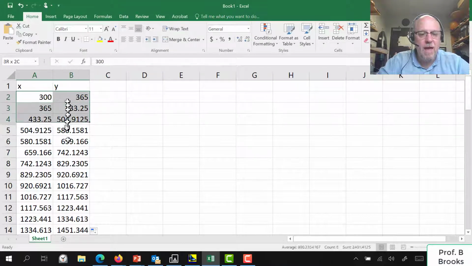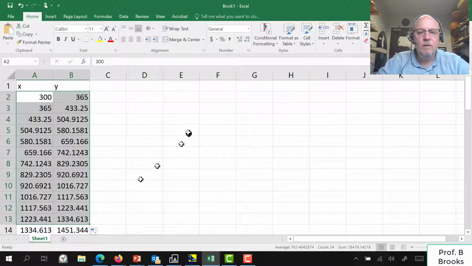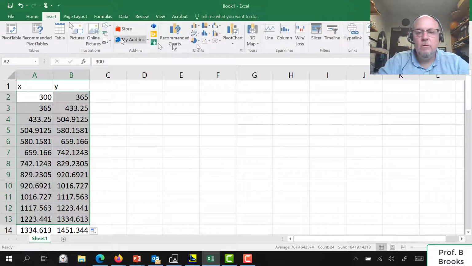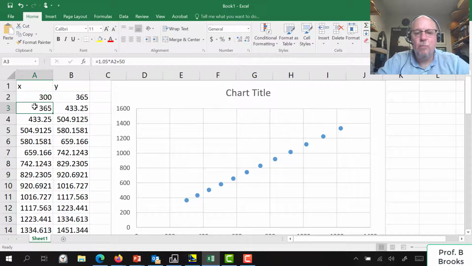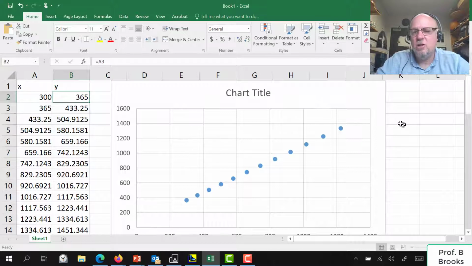But when I graph them as a scatter plot, x, y points, there's my line. So if the investment is governed by a first order difference equation, then if I make x, y points out of this year's money and next year's money, it should lie on a line.